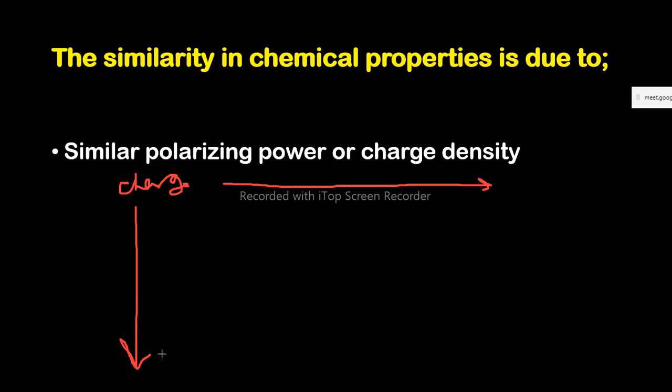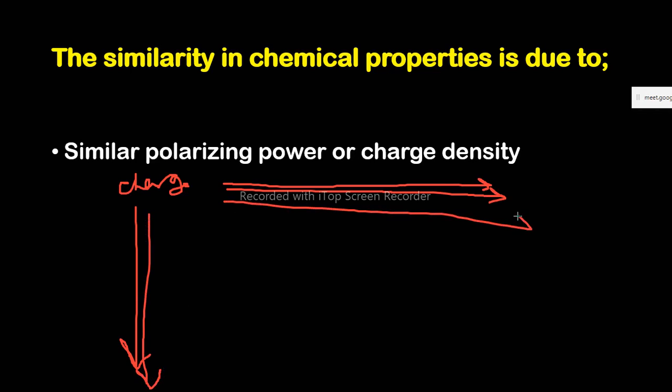If a property, maybe electronegativity, increases across the period, it decreases down the group. If any property, maybe ionization energy, increases down the group, then it decreases across the period. So if it increases across the period, then it decreases down the group.